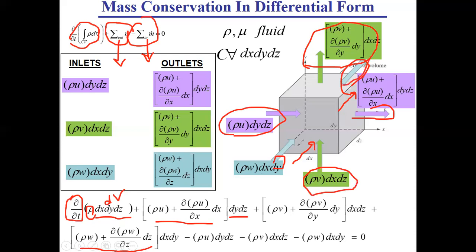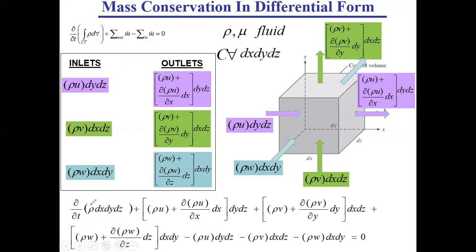Now it seems that these are very complex relations, but you will see that I can do a lot of simplifications. If I look at my equation first, all terms share the dx dy dz element. So I can simplify dx dy dz from all terms. This is the first simplification I can do.